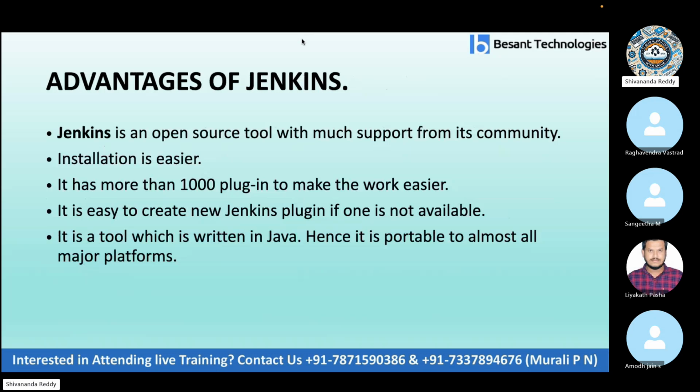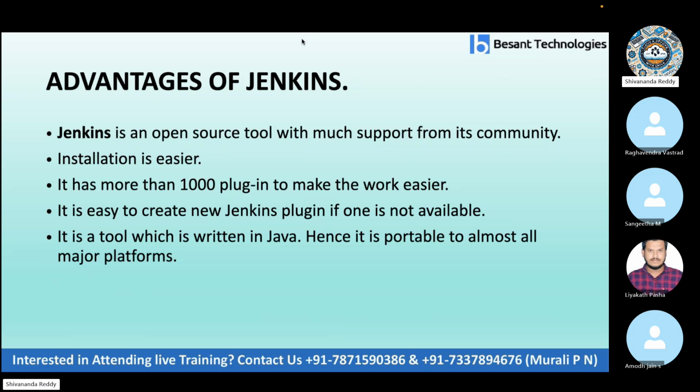Then what are the advantages of Jenkins? Jenkins is an open source tool with much support from its community, and installation is also very easy. It has more than 1000 plugins available to make the work easier. The plugins are nothing but integrating different applications, different software and different tools with Jenkins. It is easy to create a new plugin if a plugin is not available.